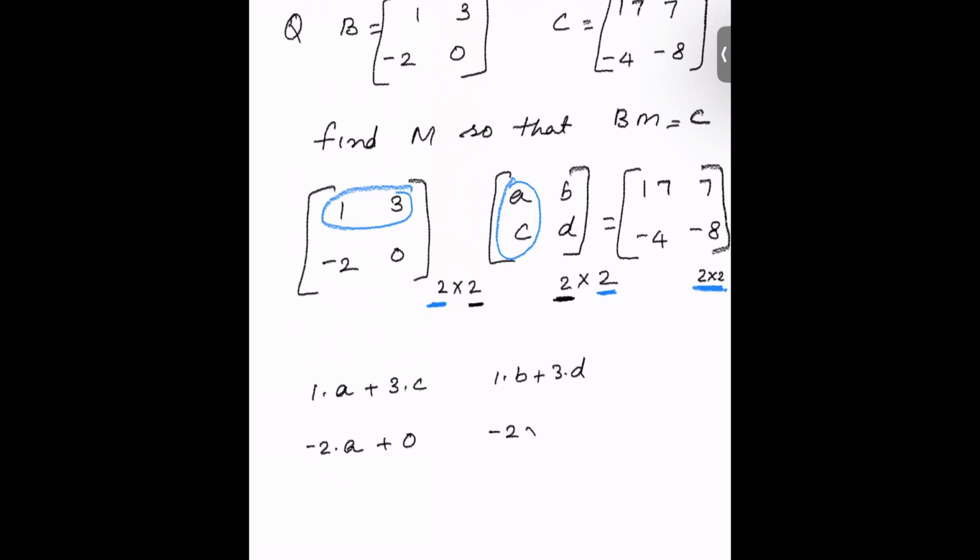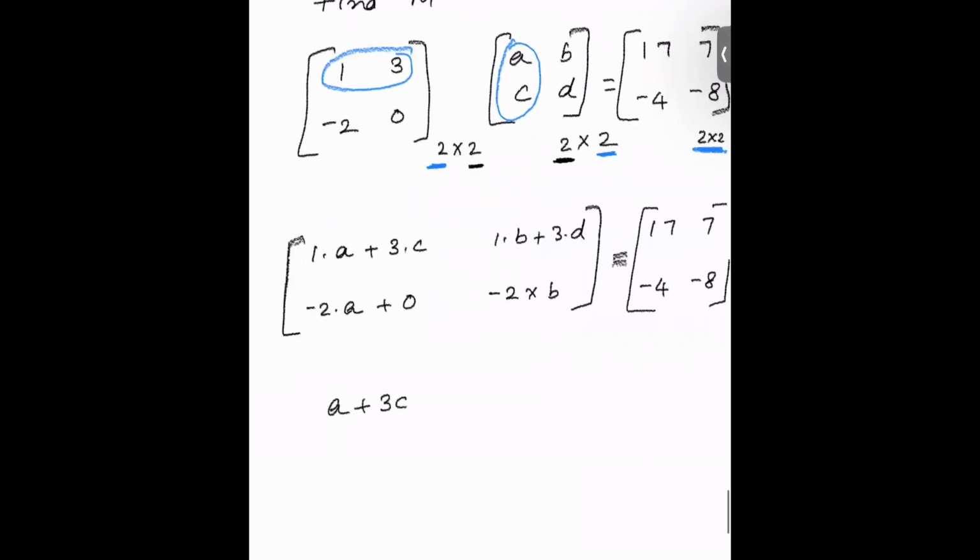Then negative 2 into B plus 0 into D. This is equal to 17, 7, negative 4, negative 8. You write it as it is. This is going to be A plus 3C, B plus 3D, negative 2A, negative 2B, equal to 17, 7, negative 4, negative 8.